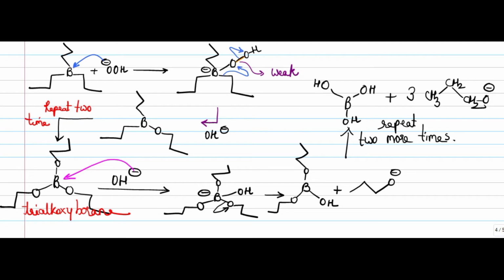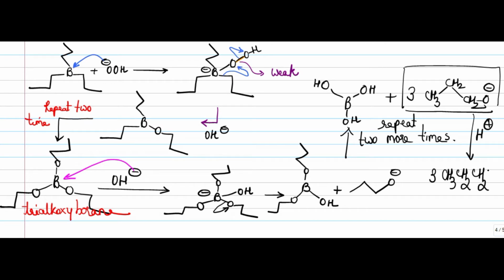So these are 3 alkoxide ions, and these alkoxide ions would further take protons from water. So H plus received from the aqueous medium, and this would give us 3 molecules of CH3CH2CH2OH. Okay, so this is how we get the final product.